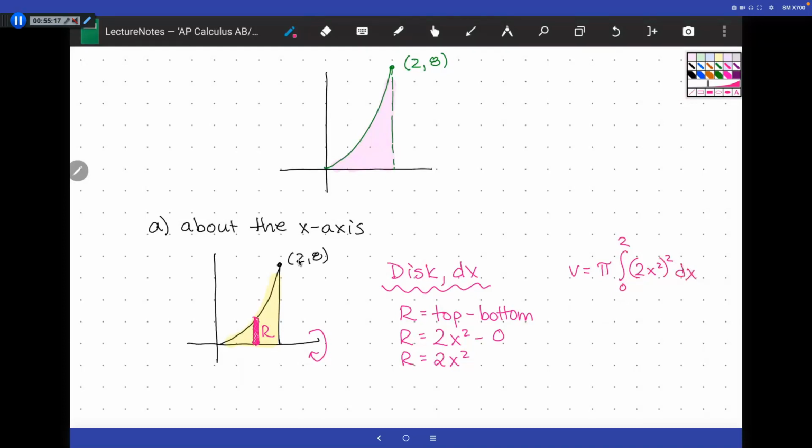This would be super easy to do by hand. I'm just going to go ahead and do this with the calculator though. So when you use the calculator, you will get 128 pi over 5.